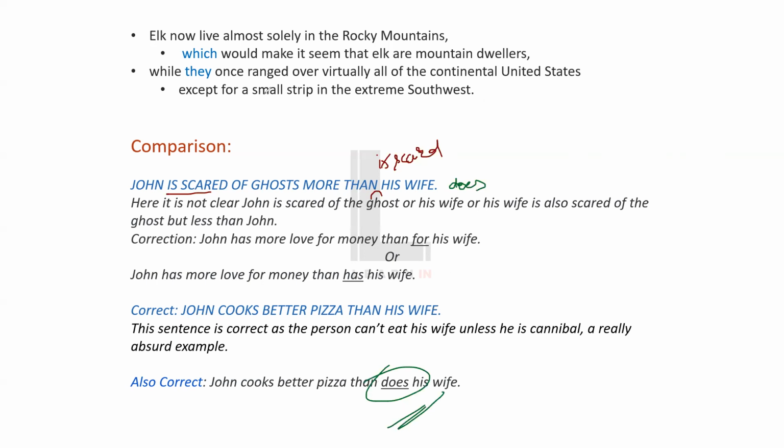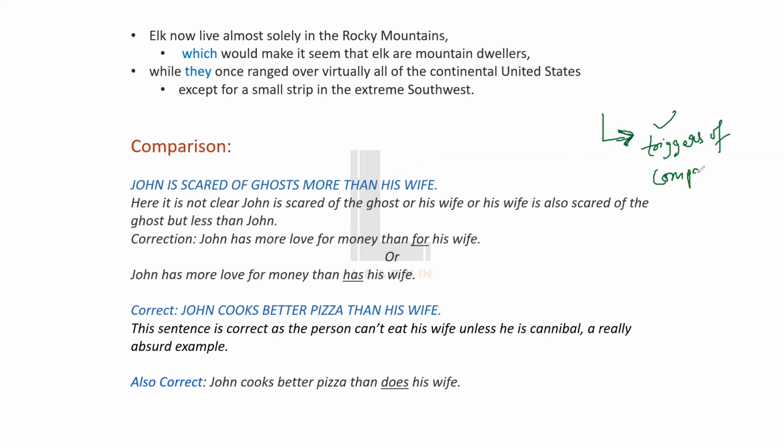Now let us see. We had noticed some of the triggers of comparison. How would we notice the comparison? Now, there is another type of question. Remember in GMAT, what do you think like is used for and as is used for?